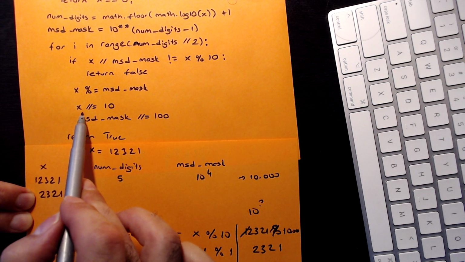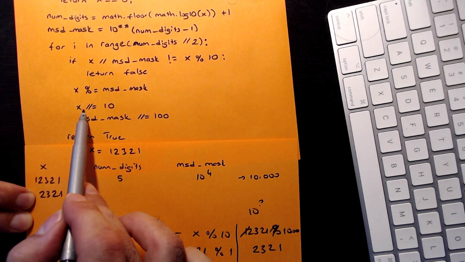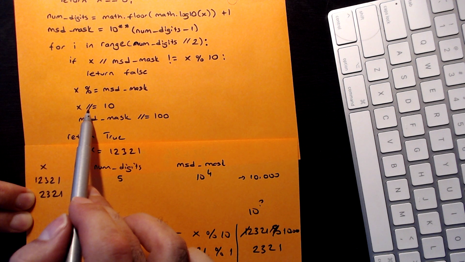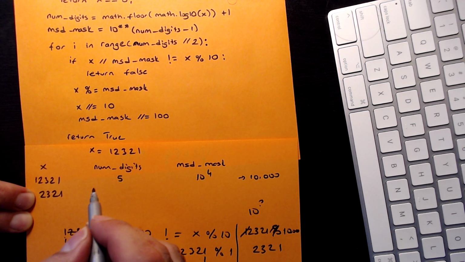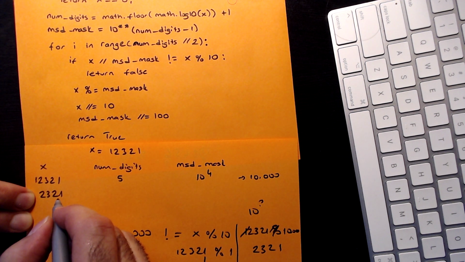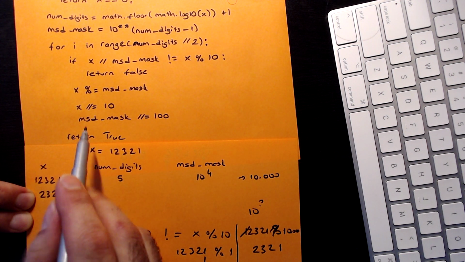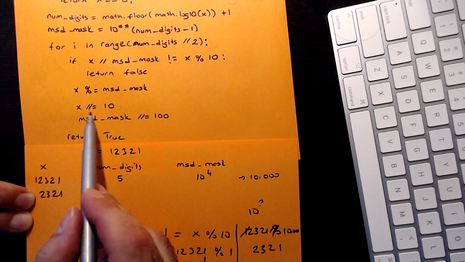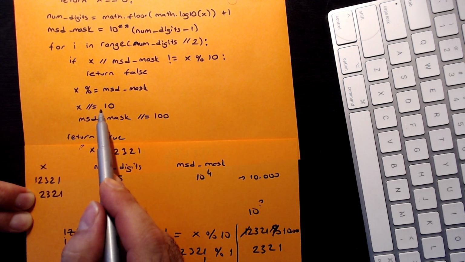So our x just became 2321, since we got rid of the first most significant digit. And what happens next is that we are taking x and applying floor division by 10. The reason we are doing that is that we got rid of the most significant digit, and now we have to get rid of the least significant digit.